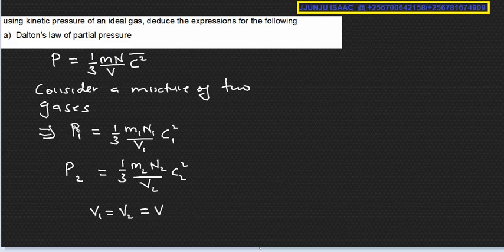And now when we get P1 plus P2, we must get the total pressure. That is the aim.